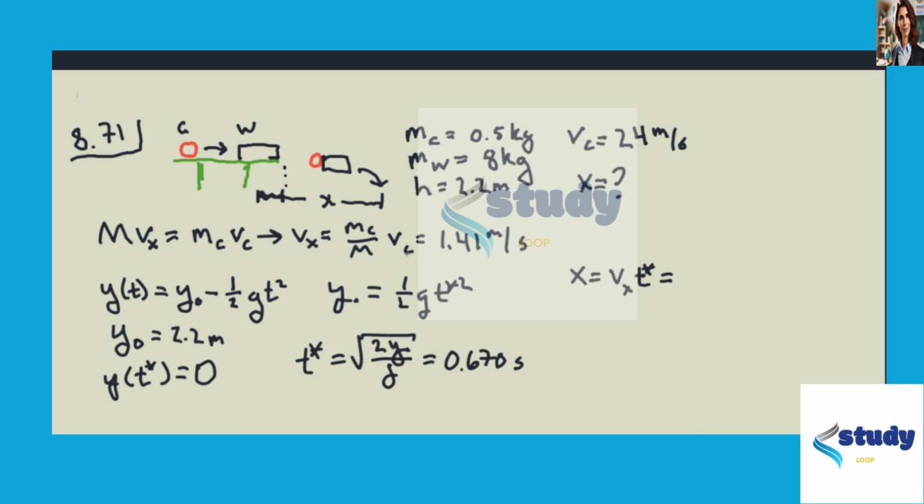And that works out, so that's our 1.41 meters per second times our 0.670 seconds. And so we now know that our clay-covered wood goes a distance of 0.945 meters from the table's edge before it hits the ground.